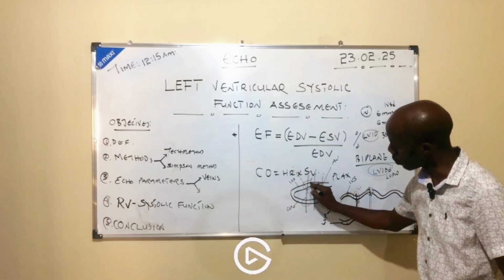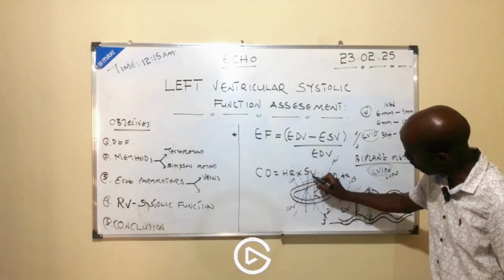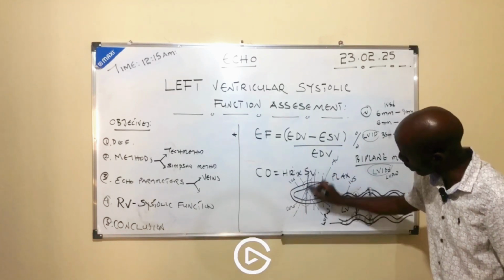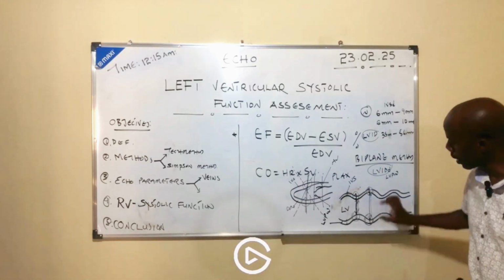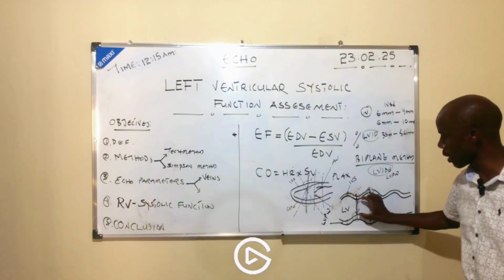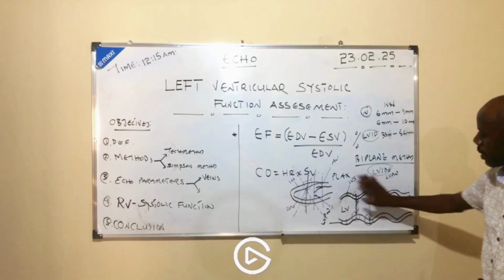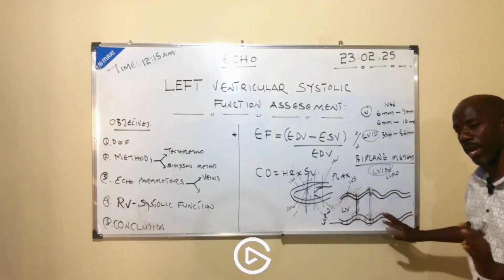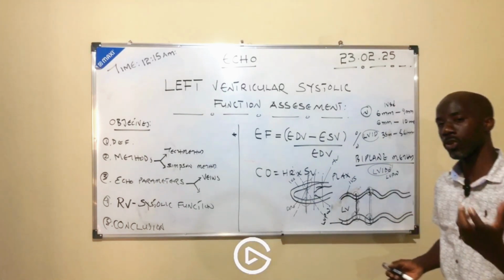Make sure you pick it very perpendicular to the left ventricle so that you have the correct representation of the left ventricle internal diameter, and the correct representation of the left ventricle internal diameter in systole. This is preferably when everything is okay, you don't have the abnormal regional wall motion.